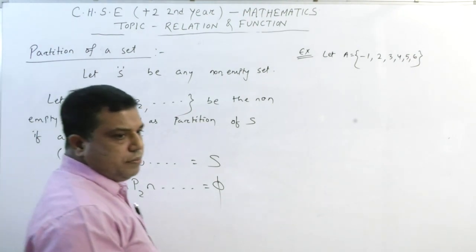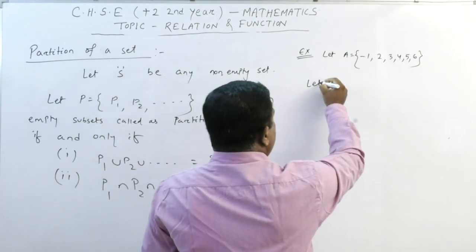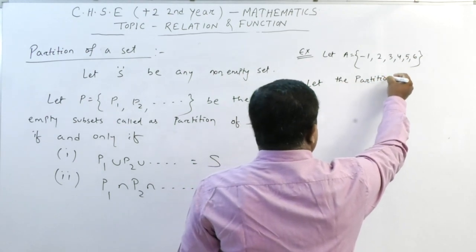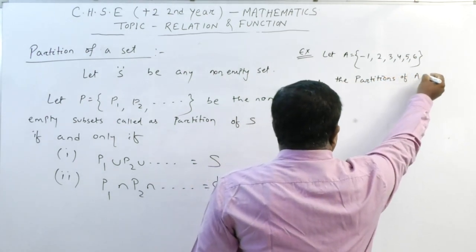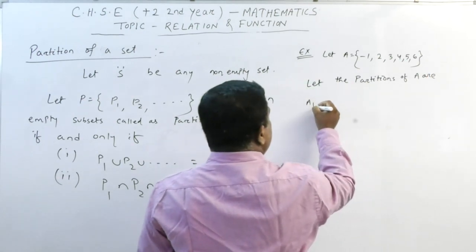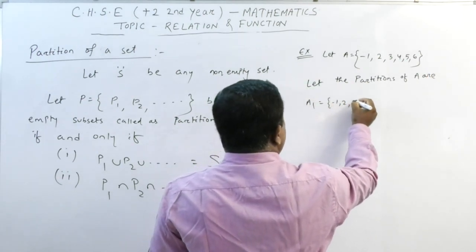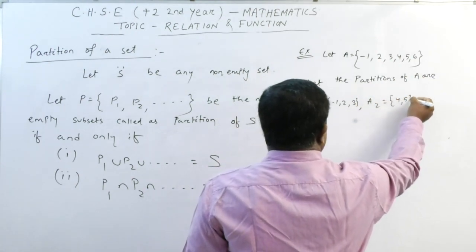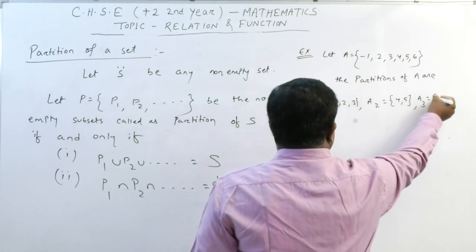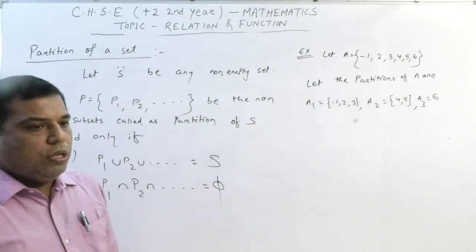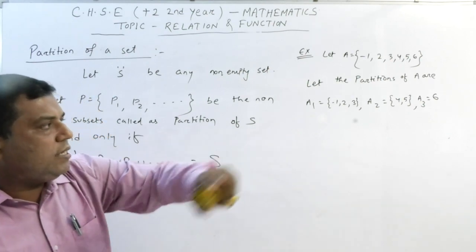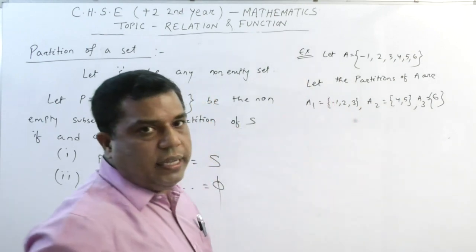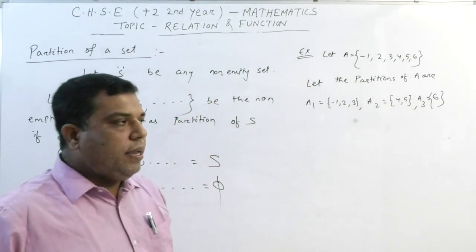Let the partitions of A be A1 equal to {-1, 2, 3}, A2 equal to {4, 5}, and A3 equal to {6}. Yes or no? Are the subsets called partitions of A?